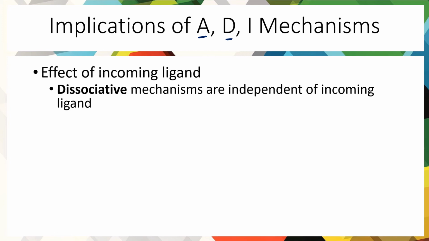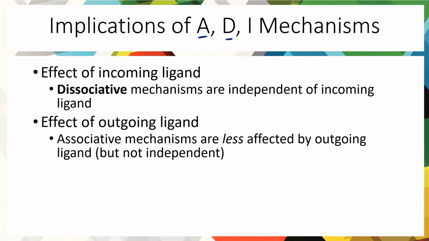And you'll find that in a close to dissociative mechanism, right, that it's like that. You'll see that the rate constants don't change very much. We'll look at data soon. And if it is associative, then the opposite is true. Then all of the rate constants are quite different depending on that incoming ligand. What about outgoing ligands? This is a little trickier because both of the mechanisms have to eventually release that outgoing ligand. But of course, for the dissociative mechanism, this is all that matters.